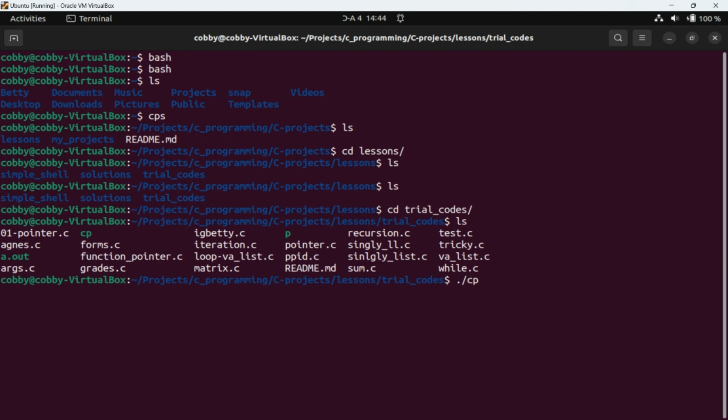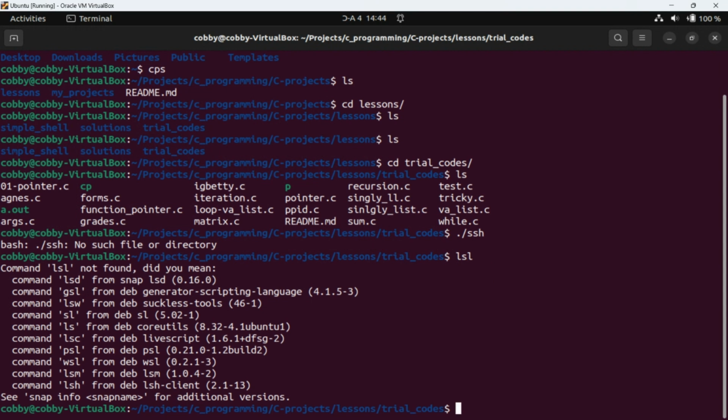Now, the moment I do this, first of all, let me try and run something like this. It says no such file or directory. I want you to come to an understanding. There is no such file called SSH. Whenever you enter something like this and it tells you command not found, it is trying to tell you that there is no such file or program in the system called LSL for me to execute.